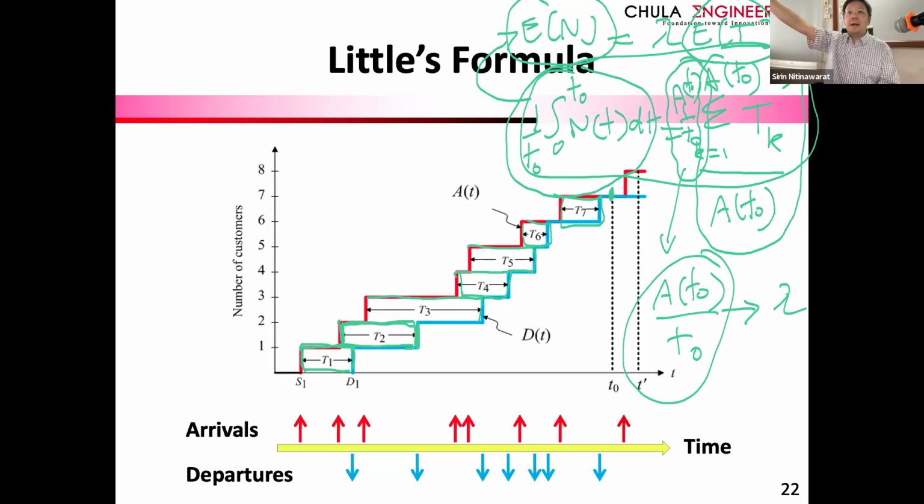But for a typical system where the queuing system is stable, you will see that if you look at a long period of time, there will be recurring occasions that the system becomes empty, right? So basically it's reset back to the origin. Because of that, you can make sure that all quantities under consideration will not blow up.